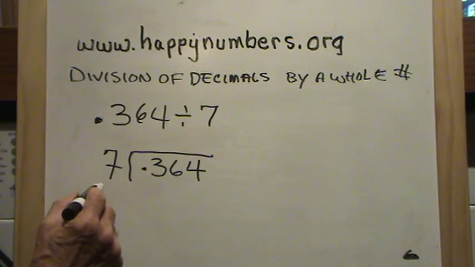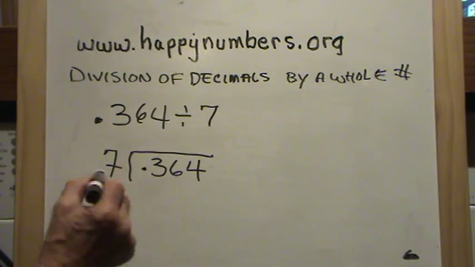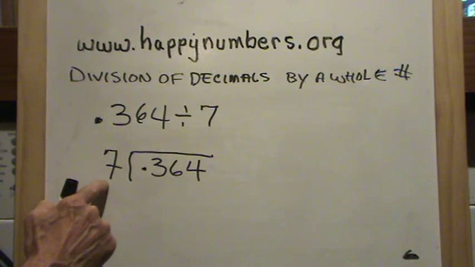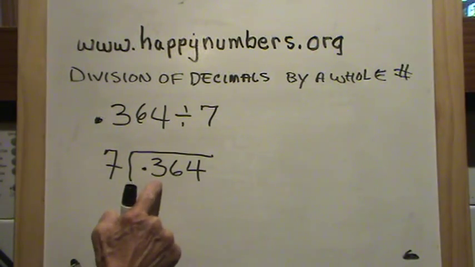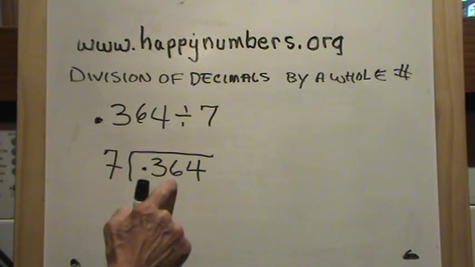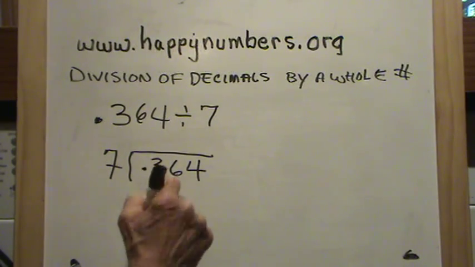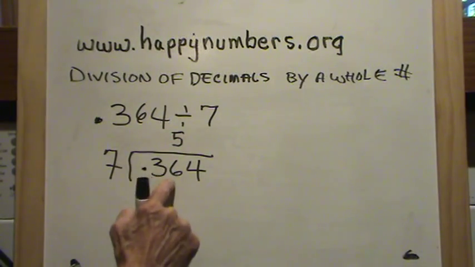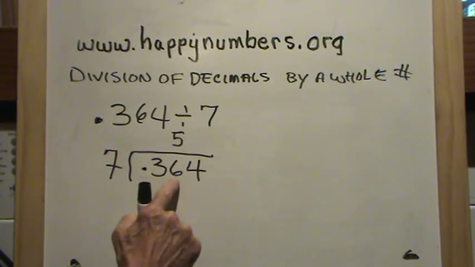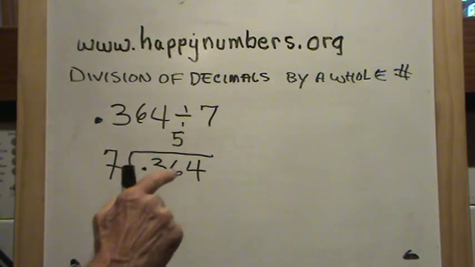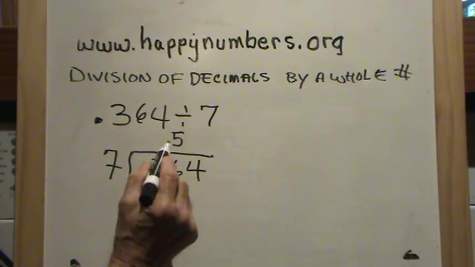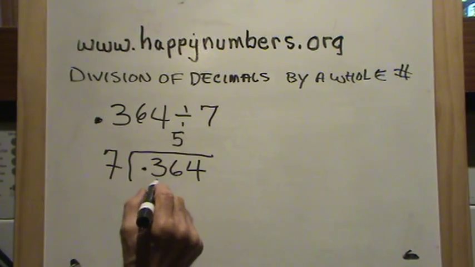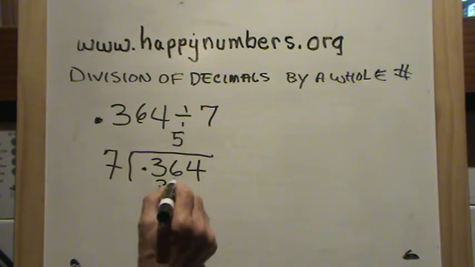Now we do the division. 7 cannot go into 3. 7 is too big. So then we say 7 goes into 36 5 times, and we have to put the 5 above the last number here, 36. Now we multiply. 5 times 7 is 35.